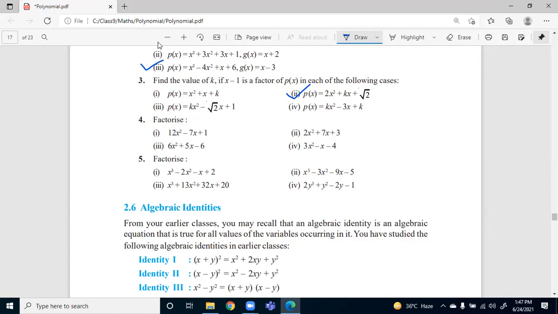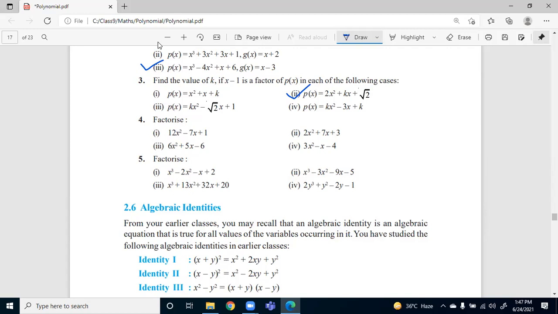Actually, the 2 plus root 2 will be in the bracket and the minus sign will be outside. Yeah, now it is correct. Absolutely correct. If you put them in a bracket, then the minus is lying outside.